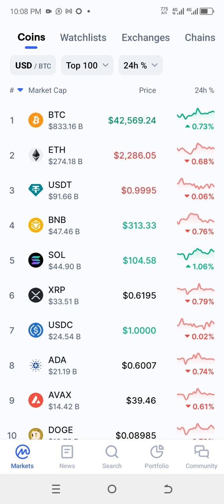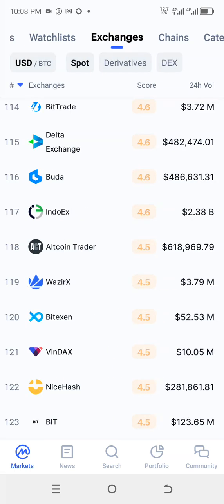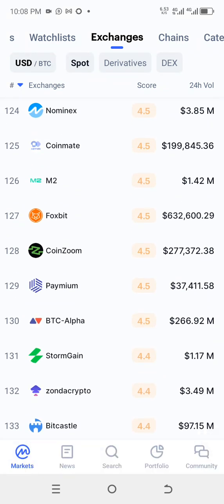So all you just need to do currently is go to Exchange. This is the exchange section. If you come to an exchange here, make your choice of exchange. Maybe you are using NiceHash, maybe you are using BitTrade, Delta, IndoEx, or Altcoin Trader.